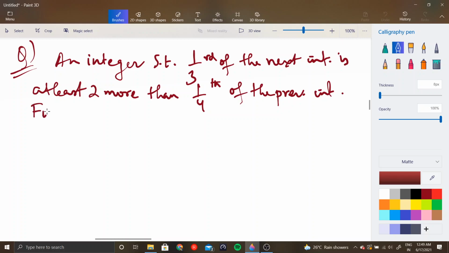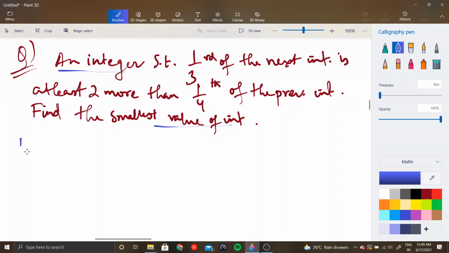Now it is asking you to find the smallest value, mind it, the smallest value of the integer, right? That satisfies the constraint, obviously. Okay. So firstly, they are asking you to find this integer, right? So let the value be x, right? Let the value be x. Okay. This is how you tackle the problem.